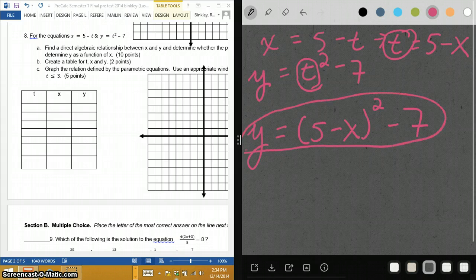Now another connection you can make is that what we did right here was we took y of the f of x up here, which was t.